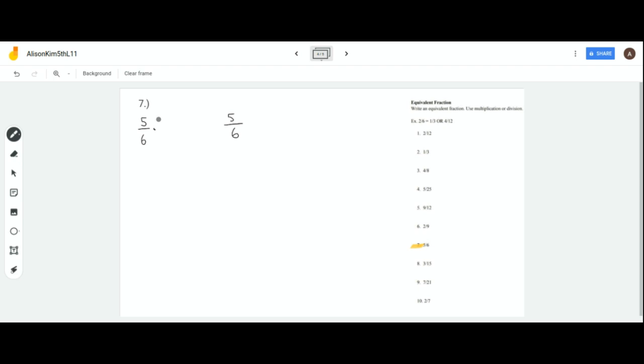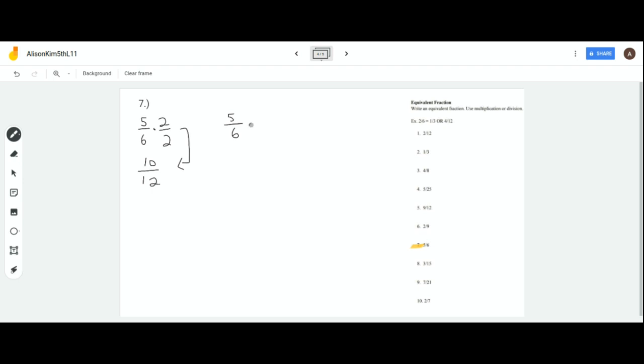So let's just do 5 over 6 times 2. Well, there's not going to be enough space, so let's write it down here. Then it will give us 5 times 2 is what? 10. And 6 times 2 is 12. So that will be one equivalent fraction to 5 over 6, because when you simplify 10 over 12, you take out the 2 again, you get 5/6 once again.